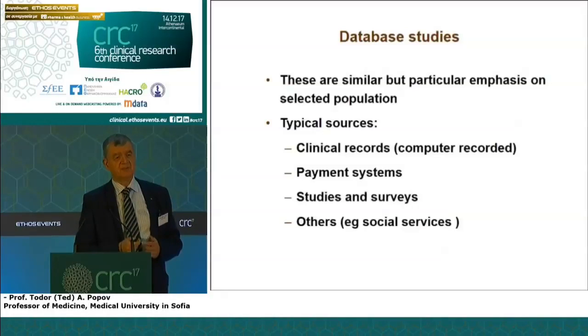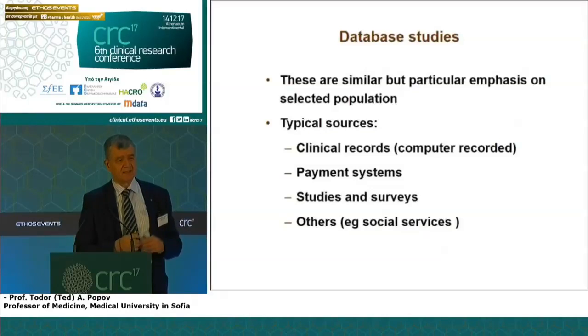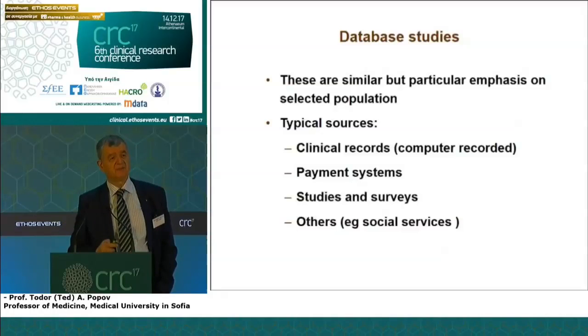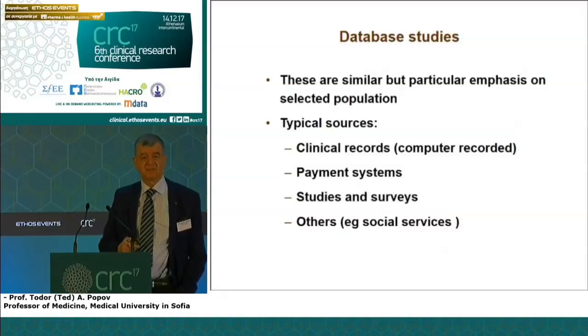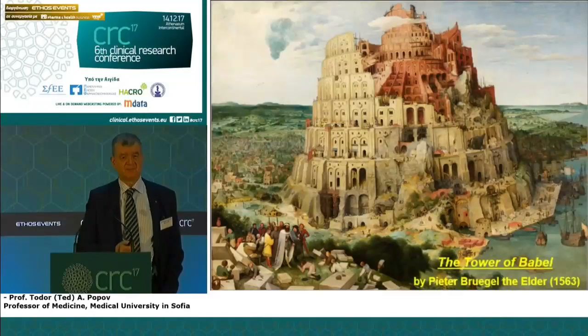You can use as source payment systems of different countries. You can also include some pre-planned studies and surveys where you have a much limited number of studies. You could also use sources of social services which are less reliable in terms of quality of the data.